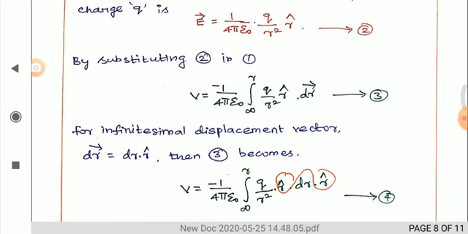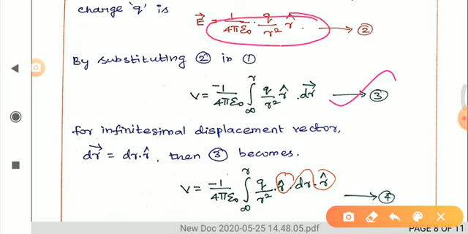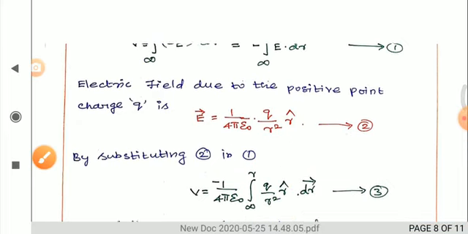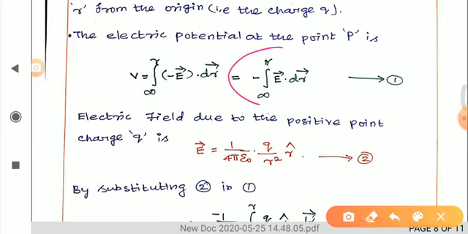The value is minus 1 by 4 pi epsilon naught integral from infinity to R of Q by R square into R cap into dr. Here we have substituted the value of electric field, 1 by 4 pi epsilon naught Q divided by R square into R cap, into dr. The minus sign is already given in the formula: minus integral E vector dot dr vector. Instead of E, we are substituting it. The 1 by 4 pi epsilon naught is common, so it is taken out. The remaining Q by R square is in the integral part.